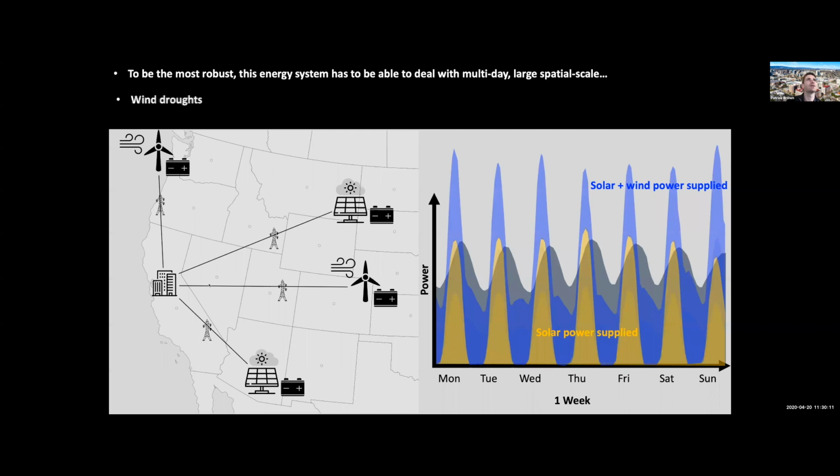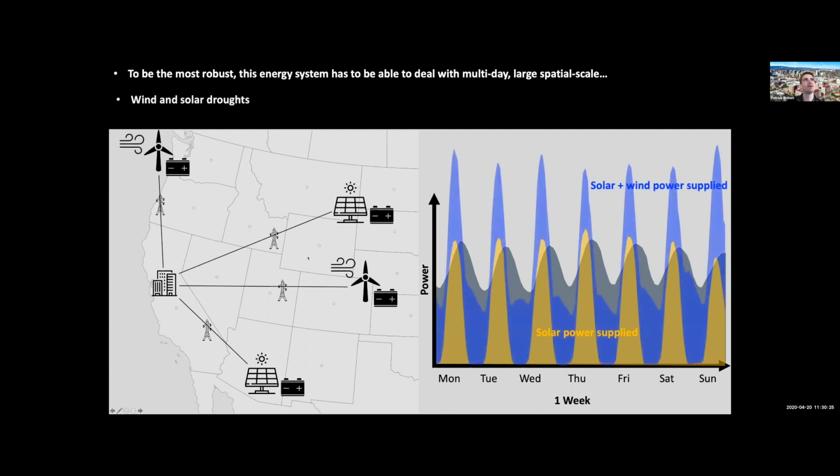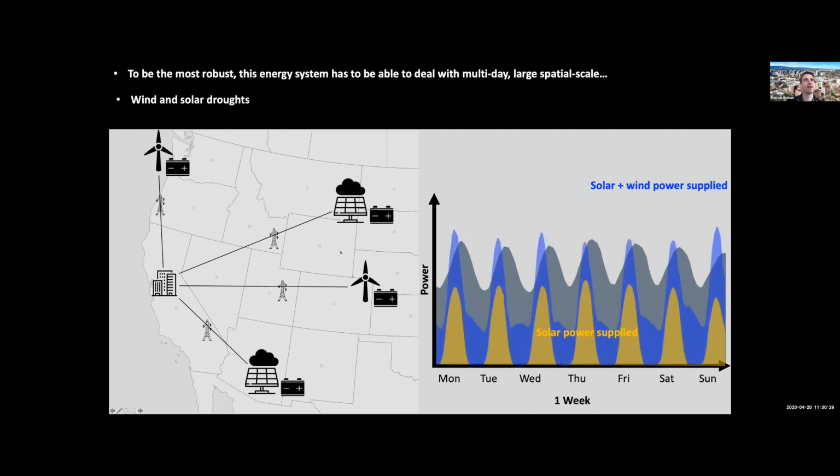And same with a wind drought, that if you have a situation where it's very non-windy over a large geographical area, then that would be a major problem as well. So we want a system that can be robust to wind and solar droughts. And also thinking about that could even happen at the same time when you get an increase in energy demand.